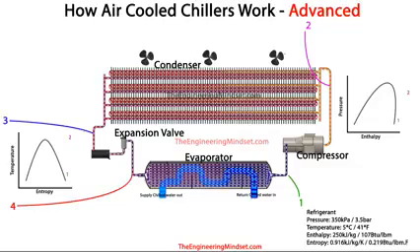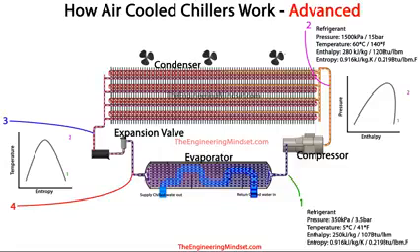Now point 2 we know is going to be a high pressure, high temperature superheated vapor. So we'll just mark point 2 up in the superheated region. And there we find that the state of the refrigerant at state 2 is the pressure is 1500 kPa or 15 bar, a temperature of 6 degrees Celsius, 140 degrees Fahrenheit, with an enthalpy of 280 kilojoules per kilogram, which is 120 BTUs per pound, and an entropy of 0.916 kilojoules per kilogram per Kelvin and 0.219 BTUs per pound per Fahrenheit.